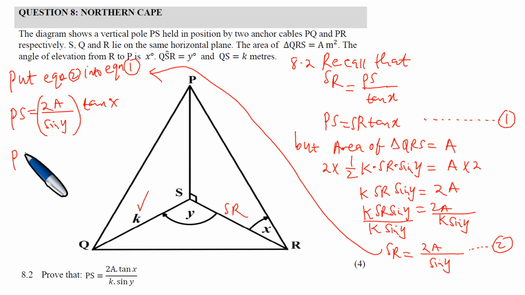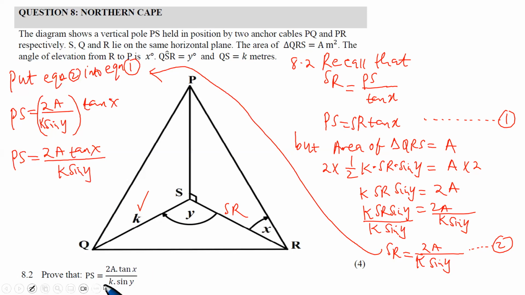So we have, therefore, that PS is the same as 2a tan x, which is actually what they gave to the learners, divided by, remember we have a k here. Remember, we have k sine y, so obviously we have a k over there.